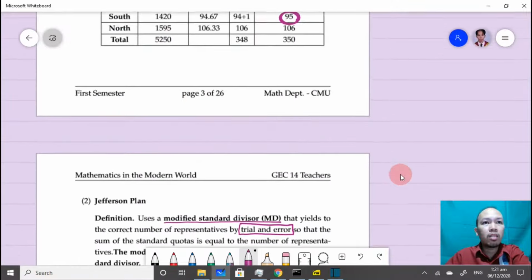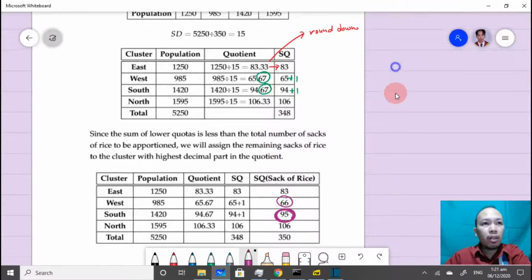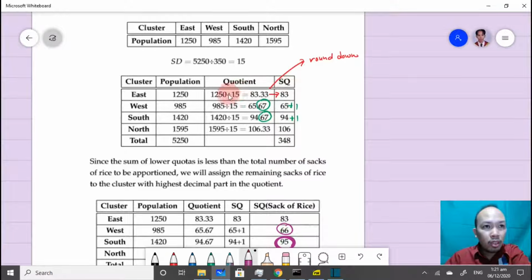as you can see here, let's go back, the standard divisor that you used in the Hamilton plan is 15, so you will use less, maybe 14.5 or 13 or 11, and so on. It depends, as long as if you divide, the resulting sum would be exactly 350.